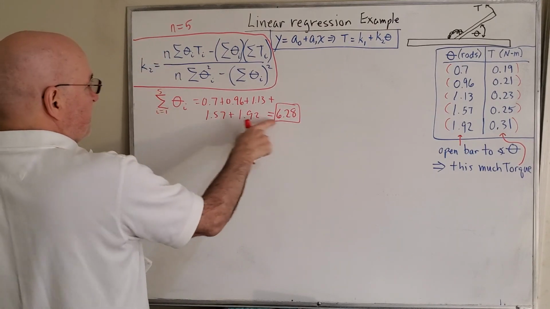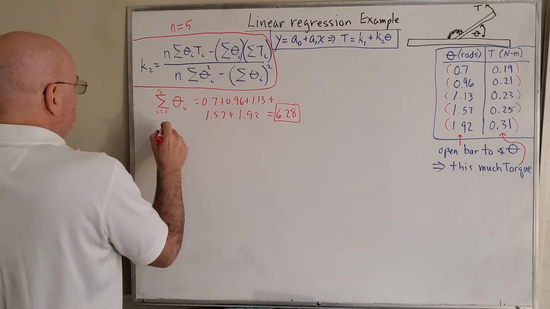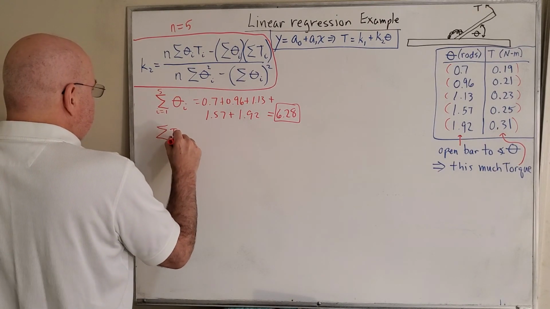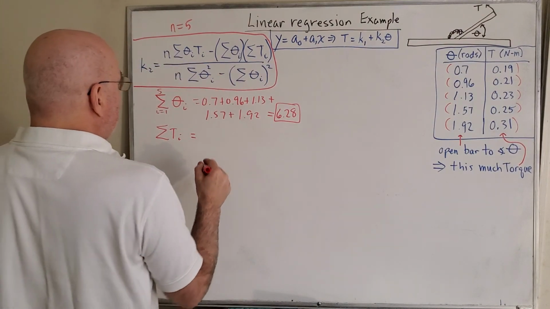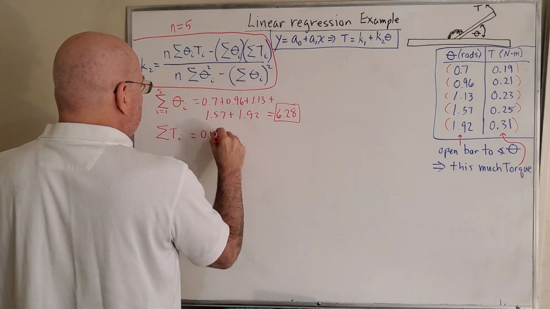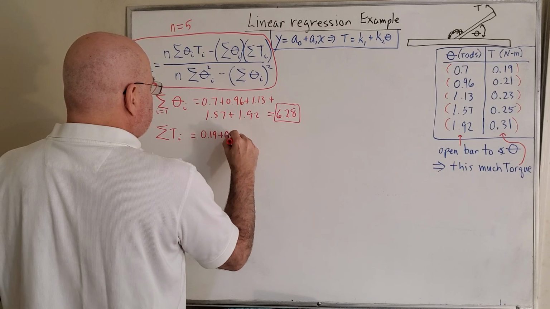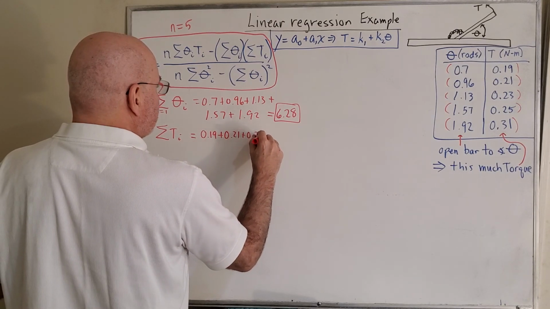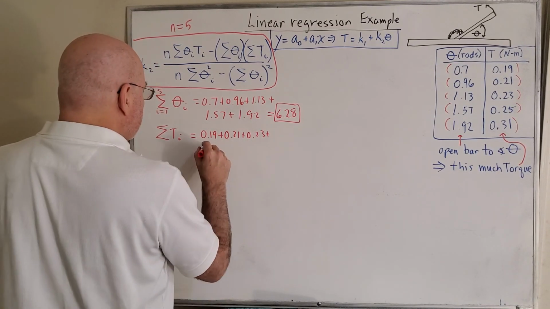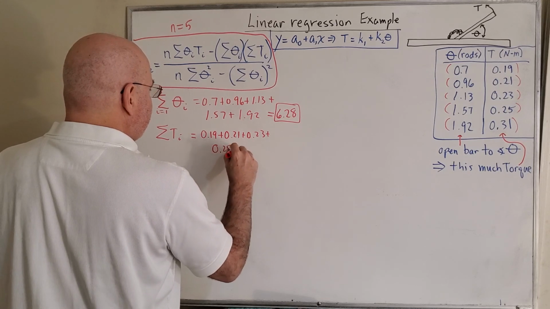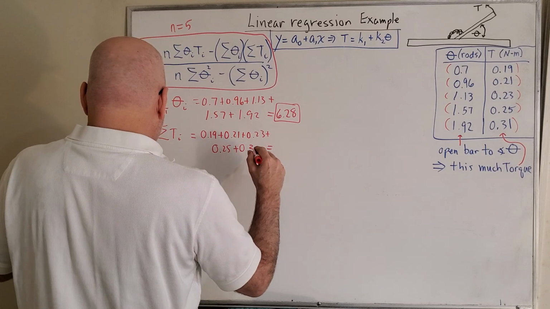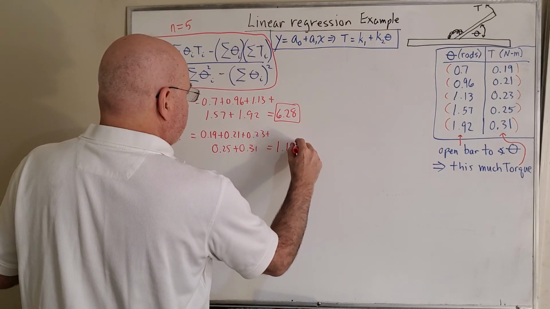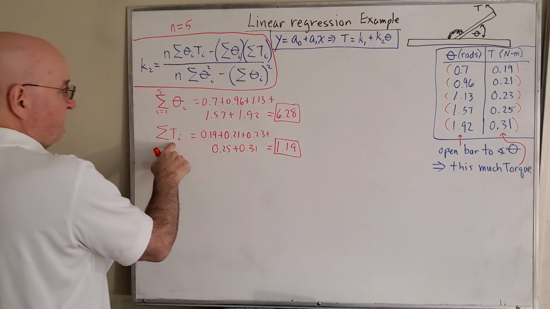That's the sum of the theta_i's. Sum of the T_i's is equal to 0.19 plus 0.21 plus 0.23 plus 0.25 plus 0.31, and that gives us 1.19. That's the sum of the T_i's.